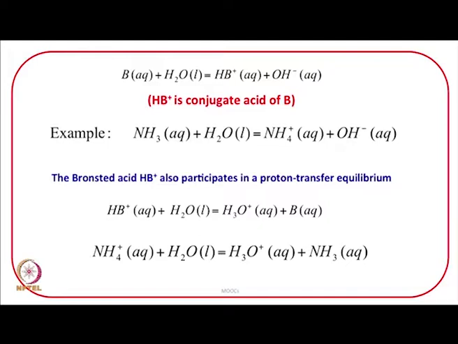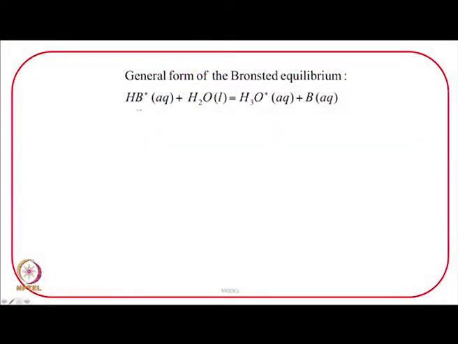Let us take a look at the slide. The general form of Bronsted equilibrium is that you have an acid and you add water. The Bronsted acid will donate a proton, and you have this kind of reaction.